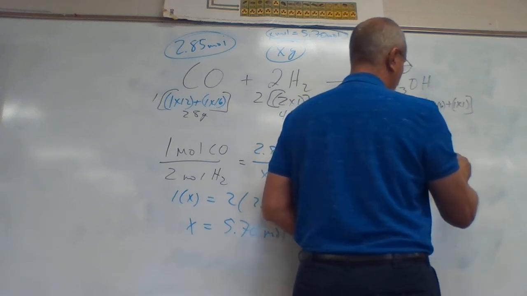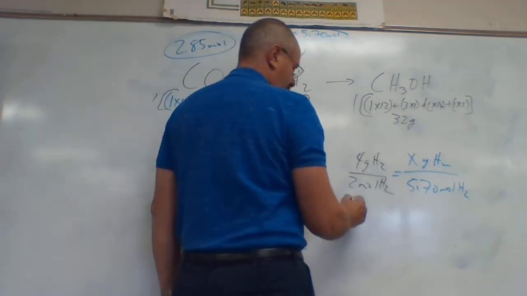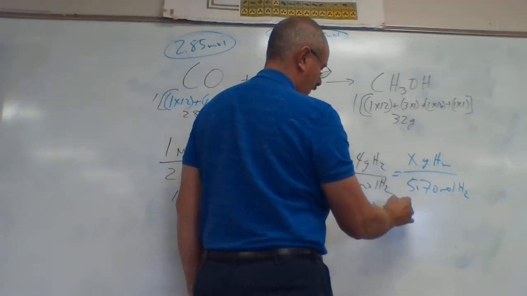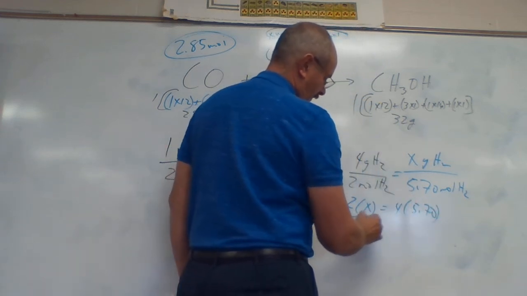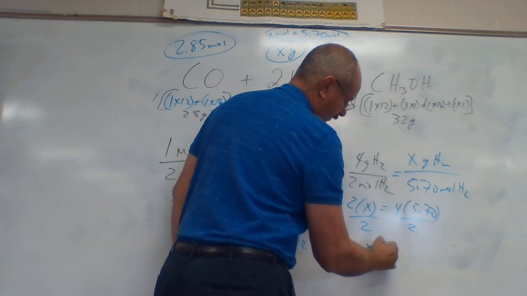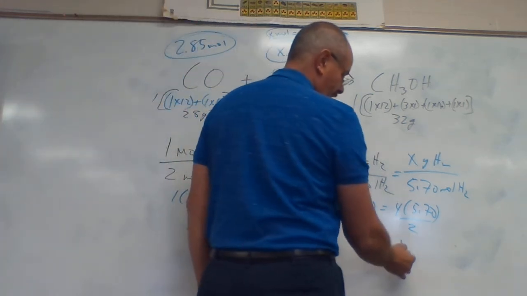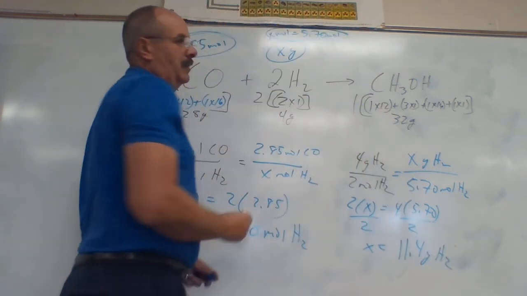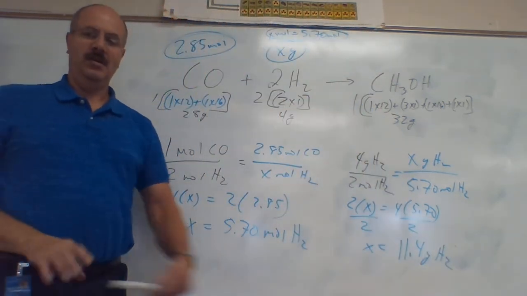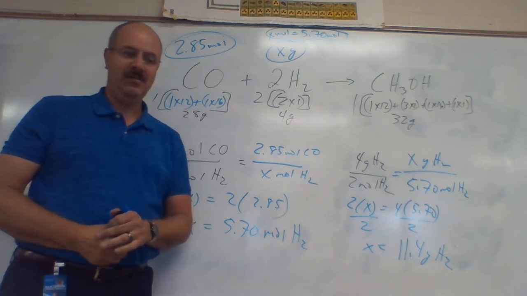And X grams of H2 is what we're trying to find out. Cross multiply: X times 2 equals 4 times 5.70. All right, so divide by 2, and X equals, if I multiply that out, 11.4 grams of H2. And yep, that's what they were after, grams of H2. So there's my answer. Wow, that was a lot of work for that question, wasn't it?